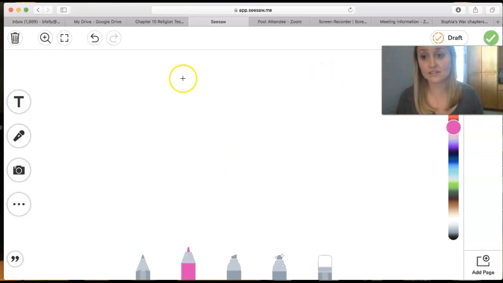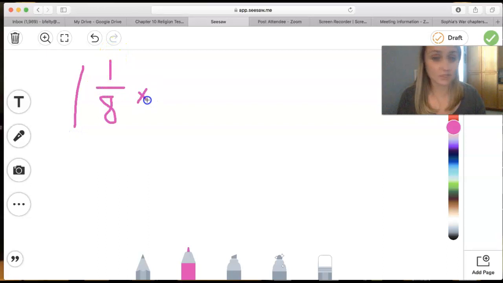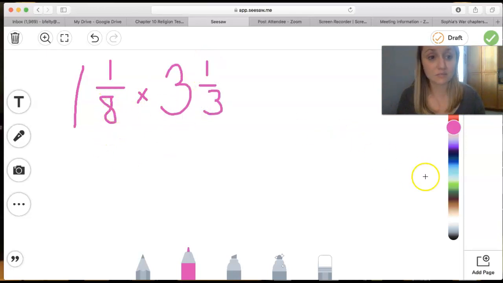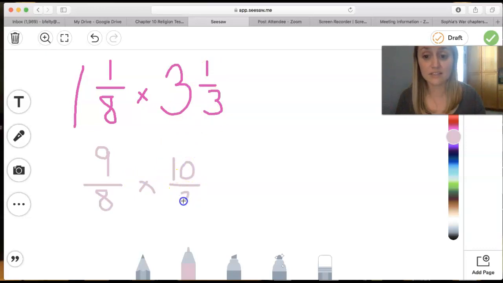It's 1 1/8 times 3 1/3. Okay, so again, making them into improper fractions, we're going to do 8 times 1 is 8, plus 1 is 9. Denominator stays the same. Here, 3 times 3 is 9, plus 1 is 10. And then again, denominator stays the same.